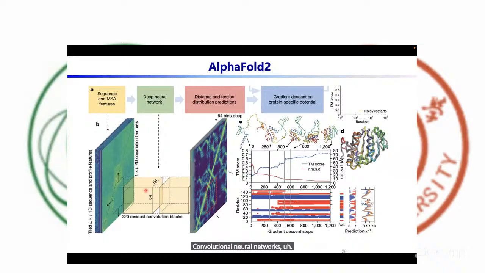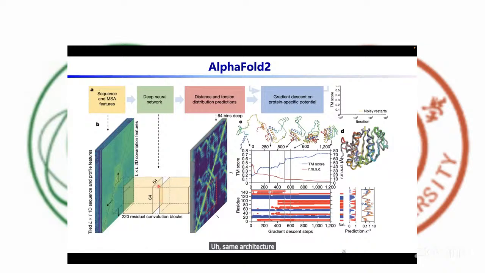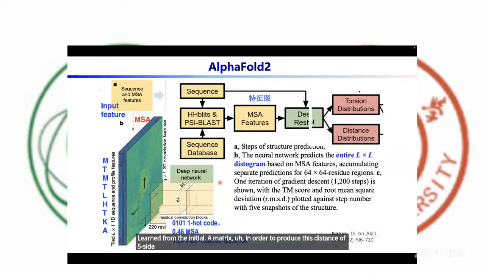Particularly in AlphaFold, they utilize a ResNet CNN architecture to learn from the initial matrix in order to produce this distance or phi-psi matrix. So that's the process.